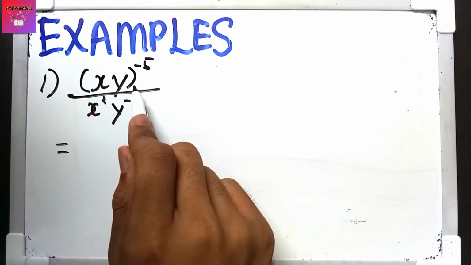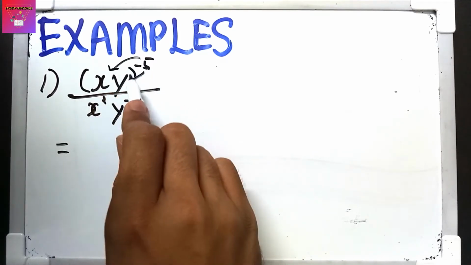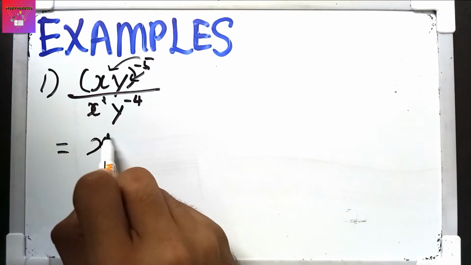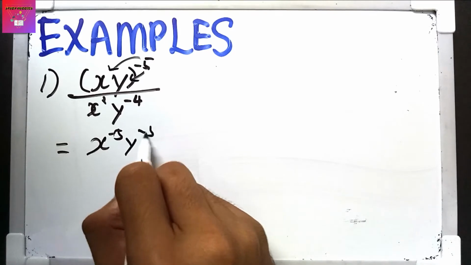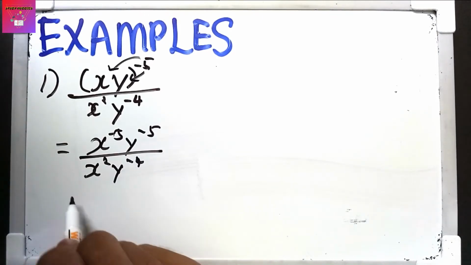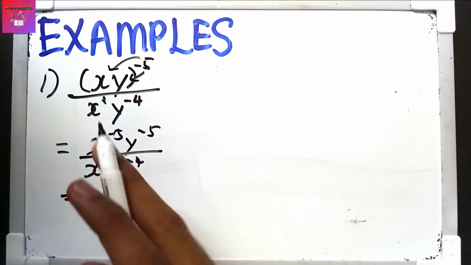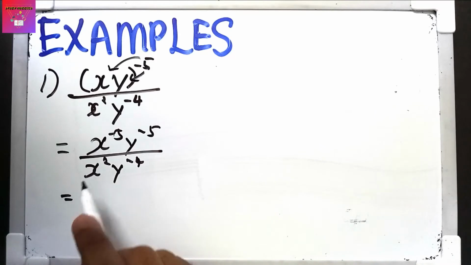If I want to open this bracket, if you remember the exponent rule, this power of negative 5 can go for both these numbers. So now it becomes x to the power of negative 5, y to the power of negative 5 over x squared y to the power of negative 4. Now what I will do is split the parts according to their bases.